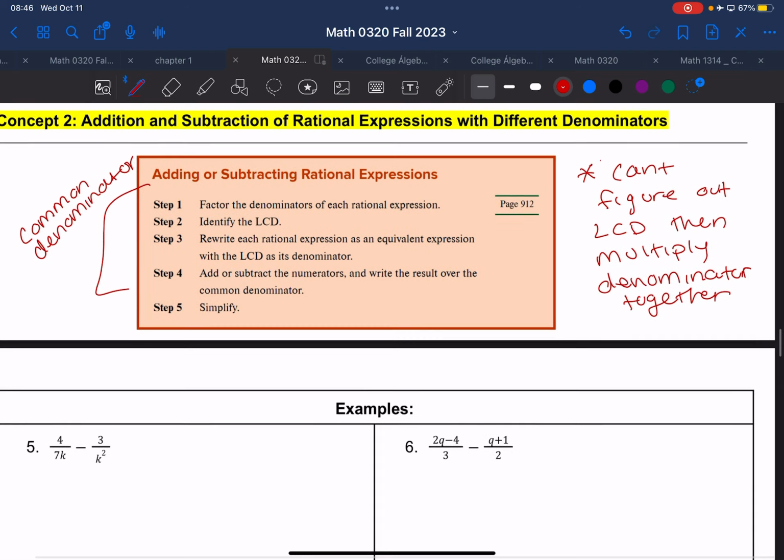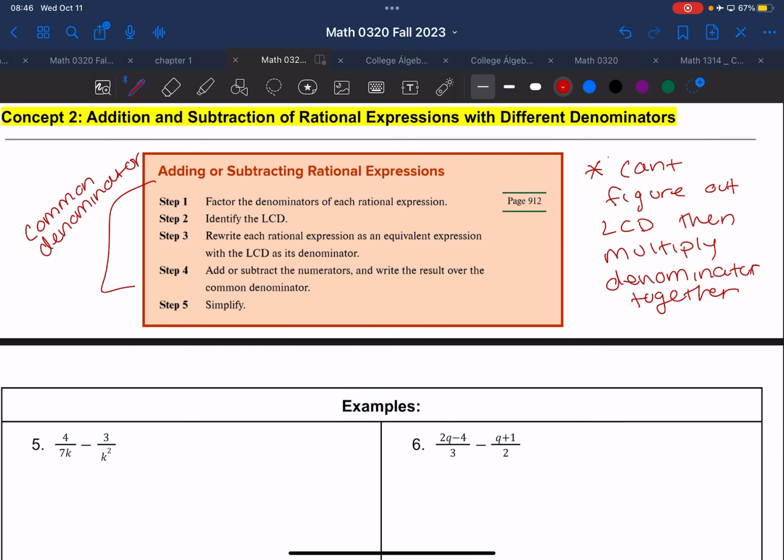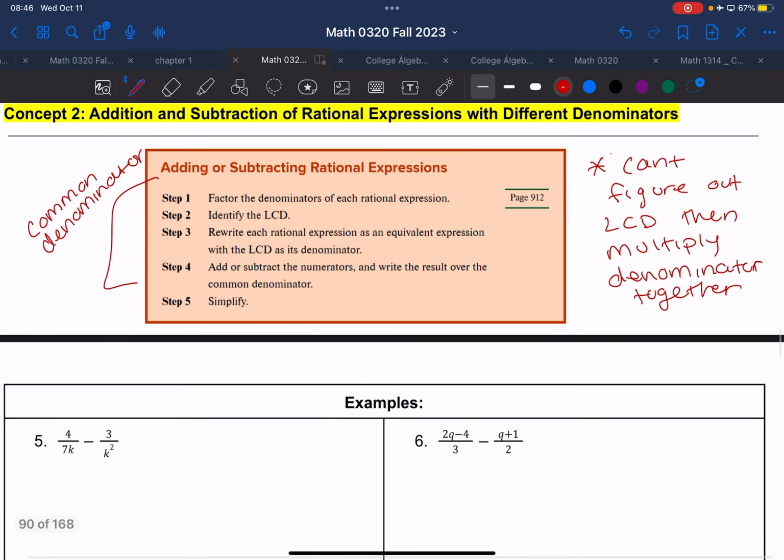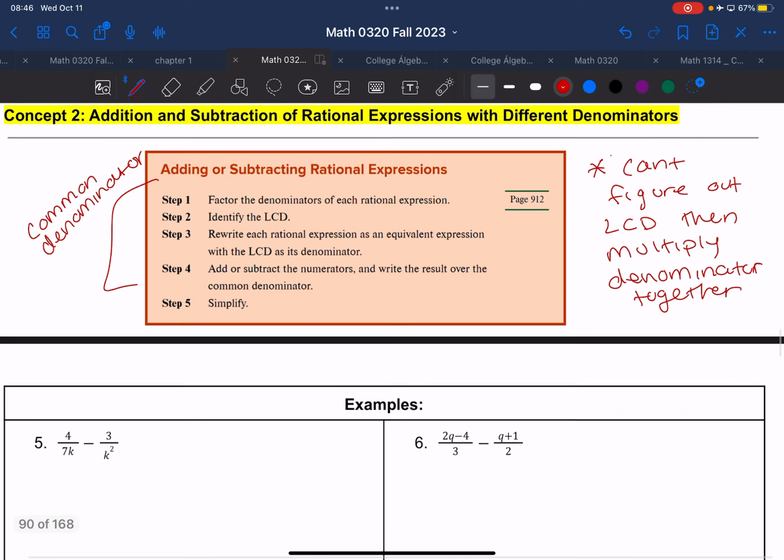Okay, this is the important information from that red box. So if we have different denominators, we need to find a common denominator. If we can't figure out that common denominator, we multiply the denominators together, and that is our common denominator. Okay.